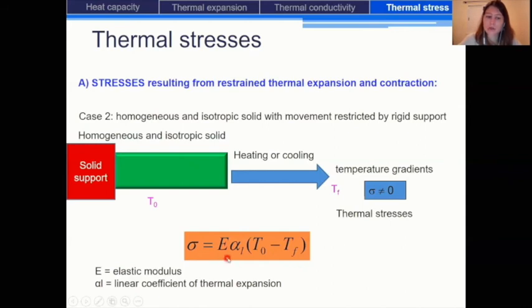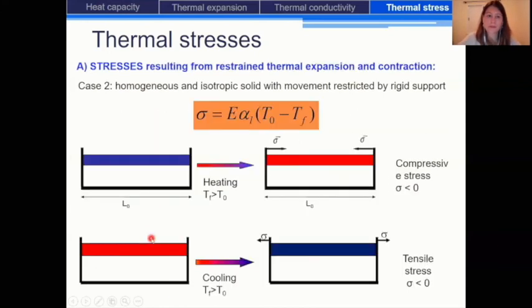It is equal to the elastic modulus that we introduced in the class dedicated to mechanical properties, times the linear coefficient of thermal expansion, times the difference between the two temperatures. And so here we are able to calculate this thermal stress.